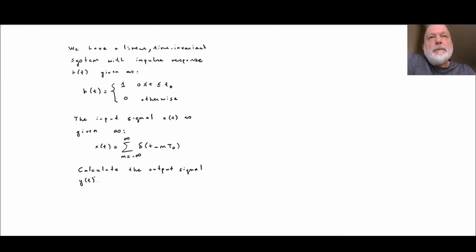Now, remember our discussions in some other videos. In linear time invariant systems, if the input signal is a periodic signal, the output signal is also periodic with the same period.